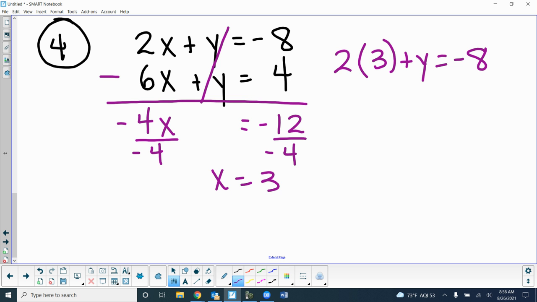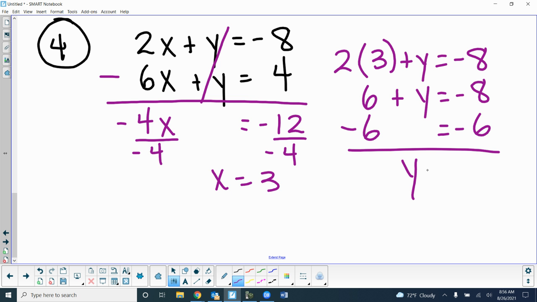We're substituting 3 in for x because that's what we got. So that's 6 plus y. And then we'll subtract 6. So y equals negative 14. So our solution to that system is 3, negative 14.